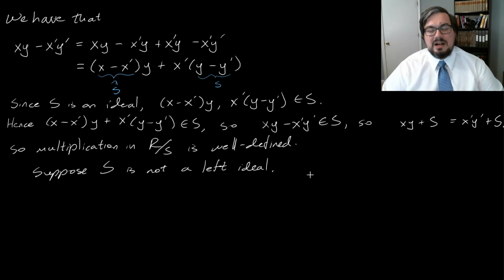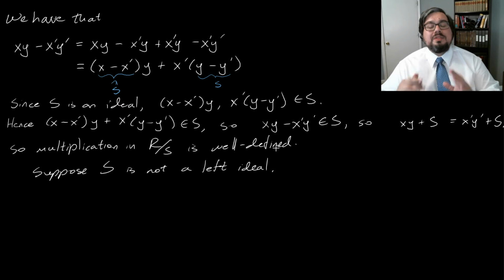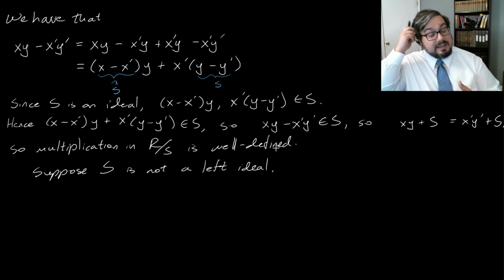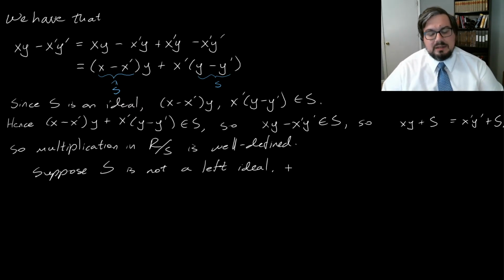Now, if S is not a left ideal, that means that it's either not an additive subgroup or it doesn't satisfy the multiplication condition. We know that it has to be an additive subgroup of R. It has to be a subring of R. So that's not going to be what the problem is.